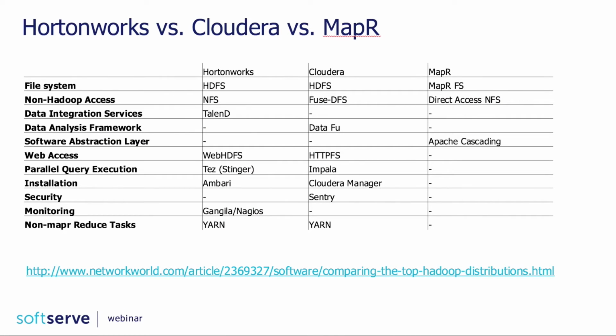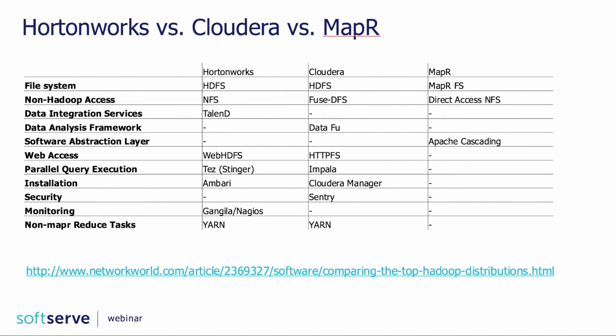Of course, if you need to decide, for instance, what distribution of Hadoop to use, you can check out many different comparison tables and decide which is good for you and which is bad. And it really depends on requirements. If you compare Hortonworks, Cloudera and MapR, which are the three major vendors of Hadoop, they have different approaches to functionality and to enterprise features, let's put it this way.